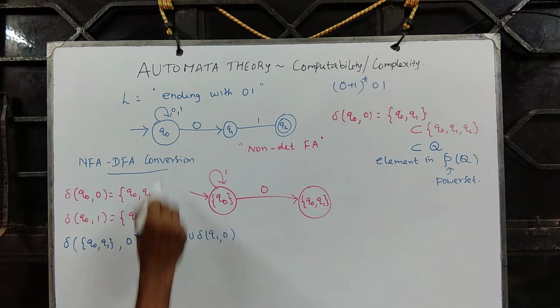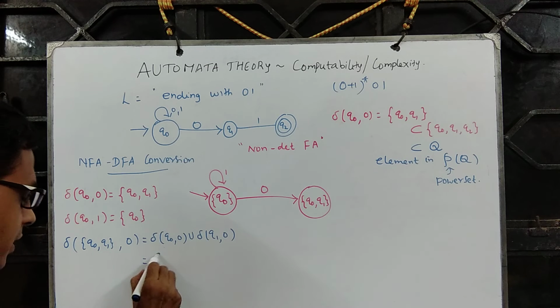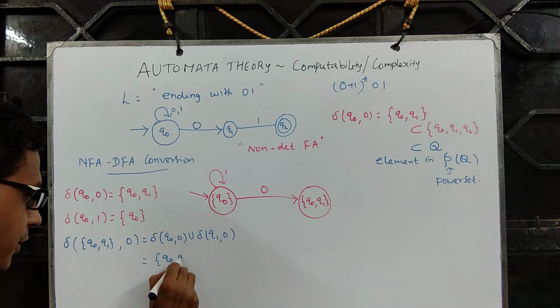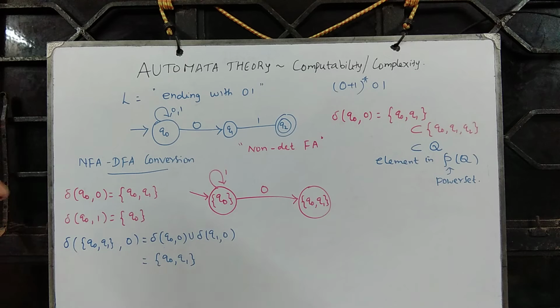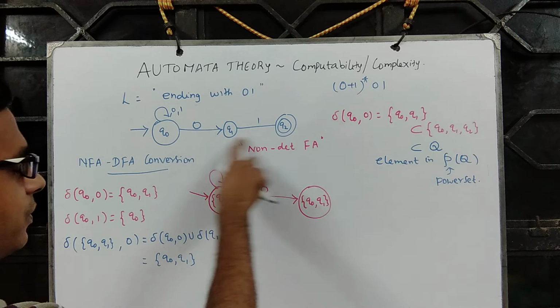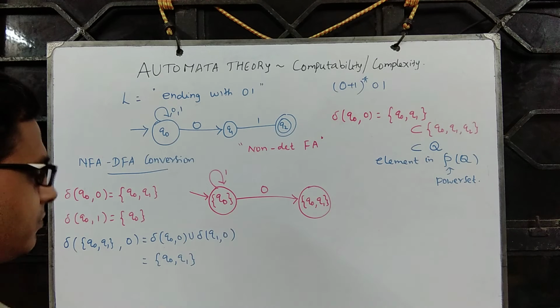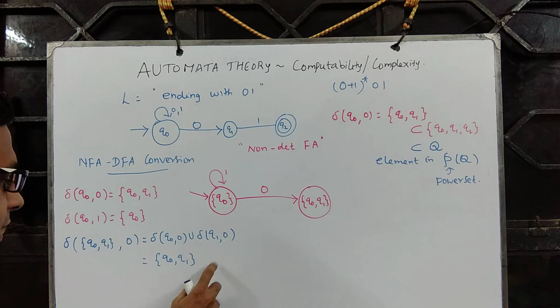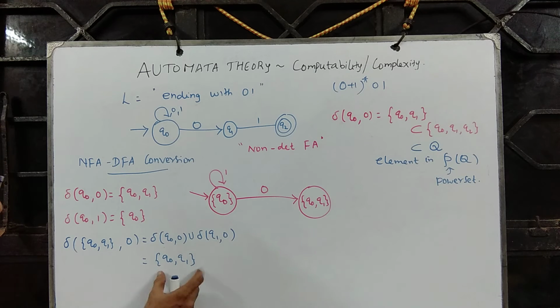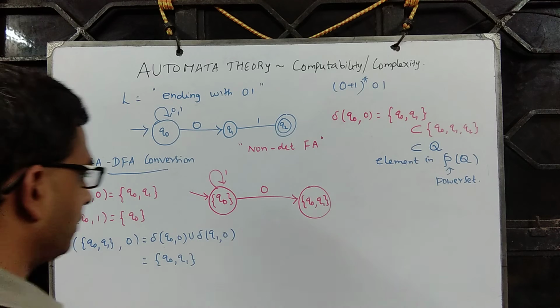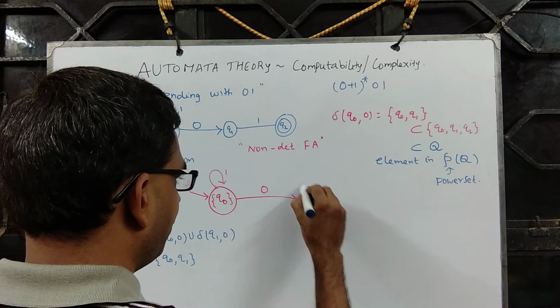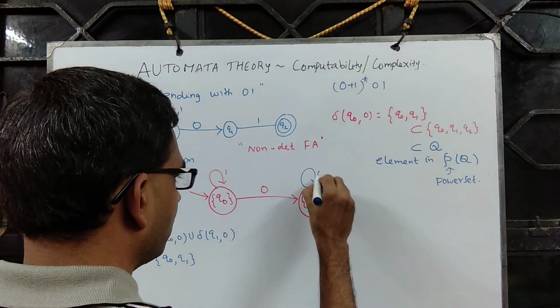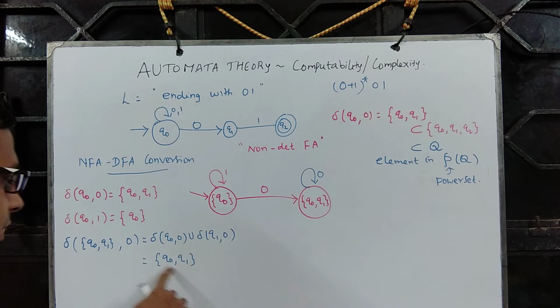Delta of q0, 0 is {q0, q1}. And delta of q1, 0 is undefined. So you can even assume this to be the empty set, and if you take the union of this, you get this. So what this says is, if you read a 0, you stay in the same state.